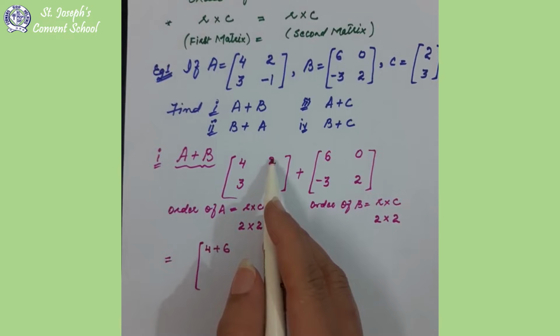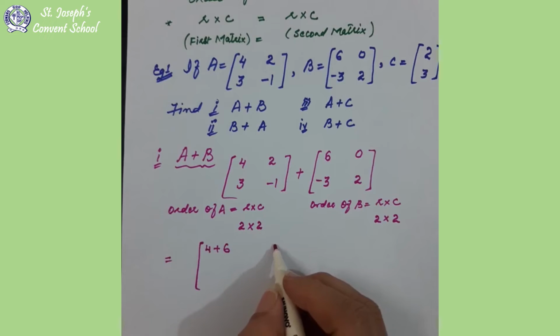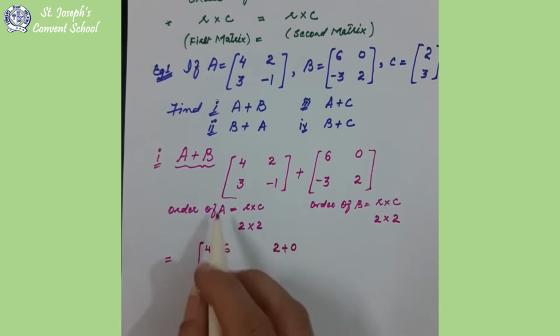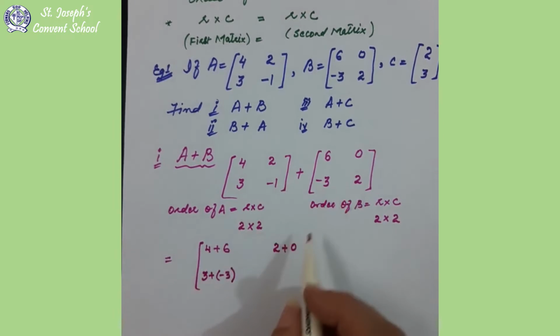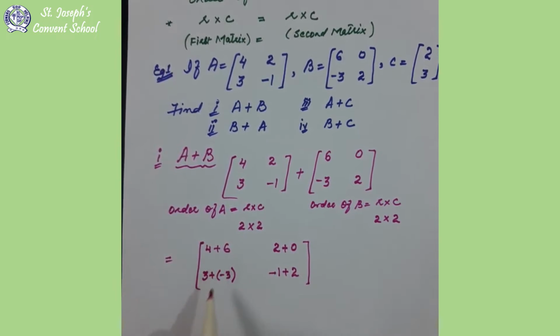Then second plus second, then third plus third, 3 plus, in the bracket, -3, and fourth plus fourth, -1 plus 2. Now 6 plus 4 is 10, 2 plus 0 is 2, 3 minus 3 is 0, minus 1 plus 2 is 1, the sign of the greater number is plus. So this is the answer.